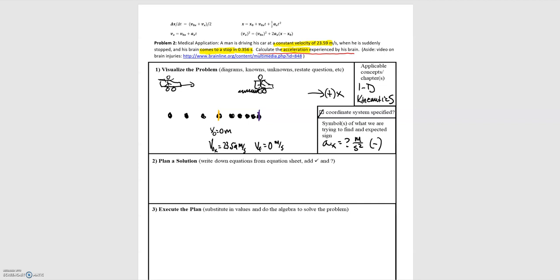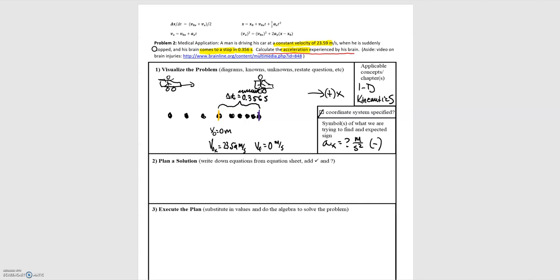Now that time is the time between just before the stopping period and then the final stopping period. So that is this time frame that I just outlined. So delta t is equal to 0.356 seconds. Now, in that same region is where the acceleration is taking place.